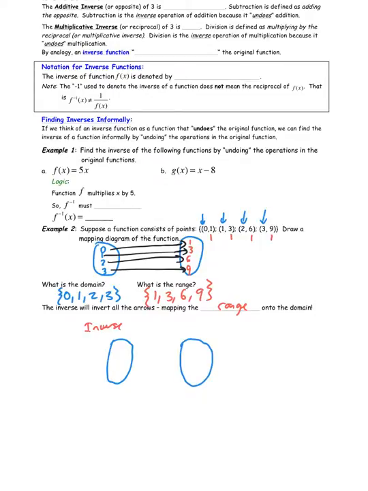So I'm going to map the range, so 1, 3, 6, 9, onto the domain. 0, 1, 2, 3, and then I'll show that 1 maps to 0, 3 maps to 1, 6 maps to 2, and 9 maps to 3. So the idea that an inverse switches domain and range is going to be important.